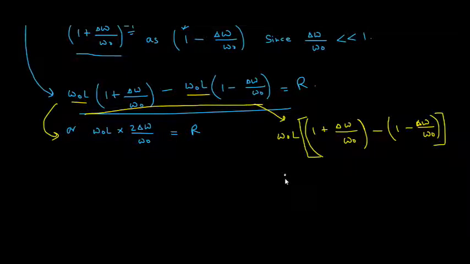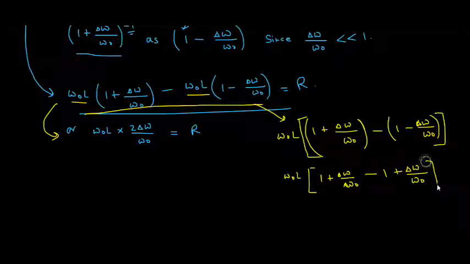Now omega naught L 1 plus delta omega upon omega naught minus 1 plus delta omega upon omega naught. So this minus, what we have done, just we have multiplied by minus, nothing else. So minus multiplied by plus 1, that is minus 1, minus multiplied by minus delta omega upon omega naught, that is plus delta omega upon omega naught.